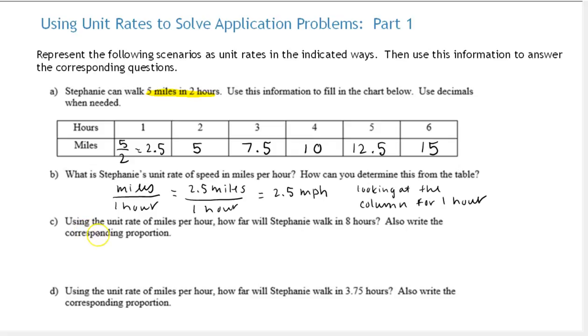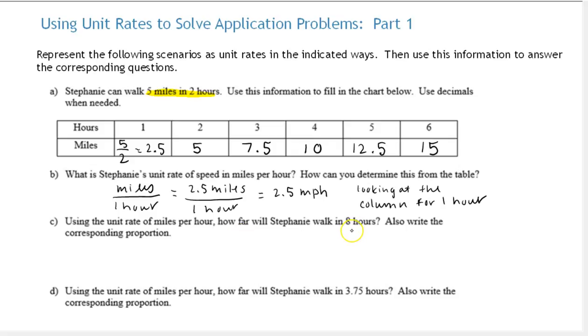Now we're asked, using this unit rate of miles per hour, how far will Stephanie walk in 8 hours? Also write the corresponding proportion. So this isn't in our table, and we don't want to continue on the table, and in general you might not have a table going out to the number of hours. So let's think about this.